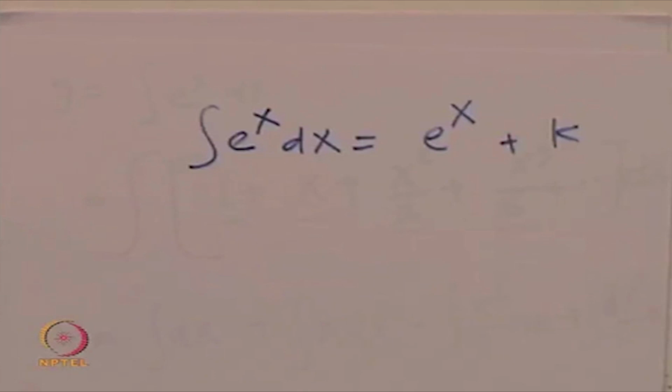So, once this is understood, the same way as you understand the derivative of e power x, take paper and pen and calculate the integral of e power x just by knowing the formula that the integral of x power n is x power n plus 1 divided by n plus 1. You can go ahead and do this integral of e power x.